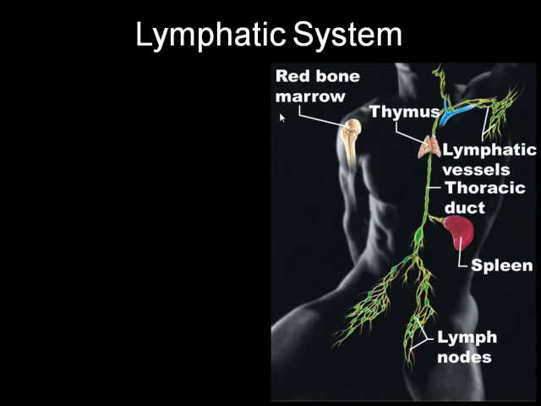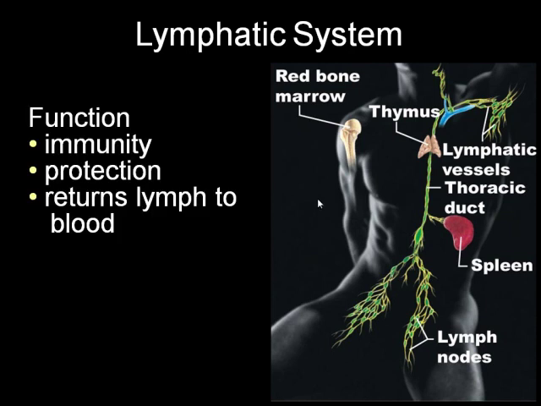The lymphatic system, again, is some organs that are kind of scattered around the body. There is a system of vessels called lymphatic vessels. The lymphatic system is usually referred to as your immune system. It has a strong immune function, and as such, it protects you from disease.